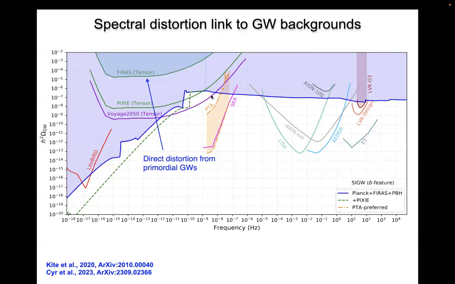And you can see that there's even the possibility to close some of the holes that still exist from expected pulsar timing measurements, and then large-scale B-mode surveys like LiteBIRD. And then there are also the interesting scalar-induced gravitational waves, which we have been hearing a lot about with respect to the NANOGrav measurements.